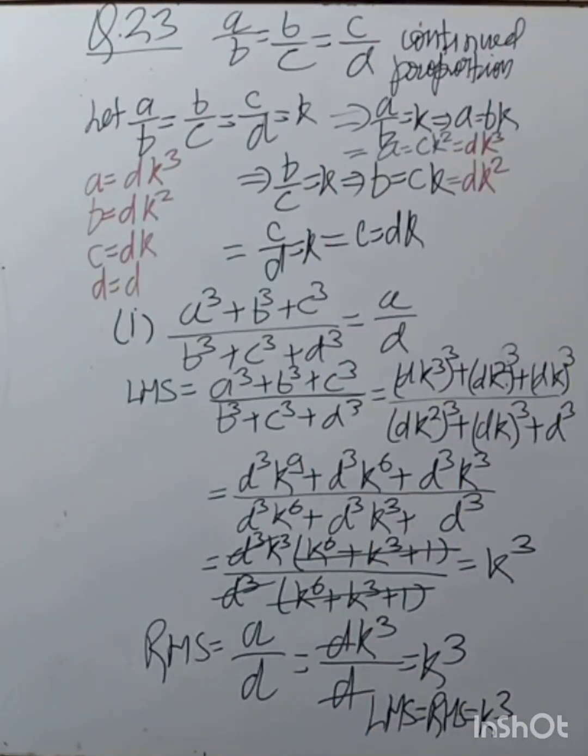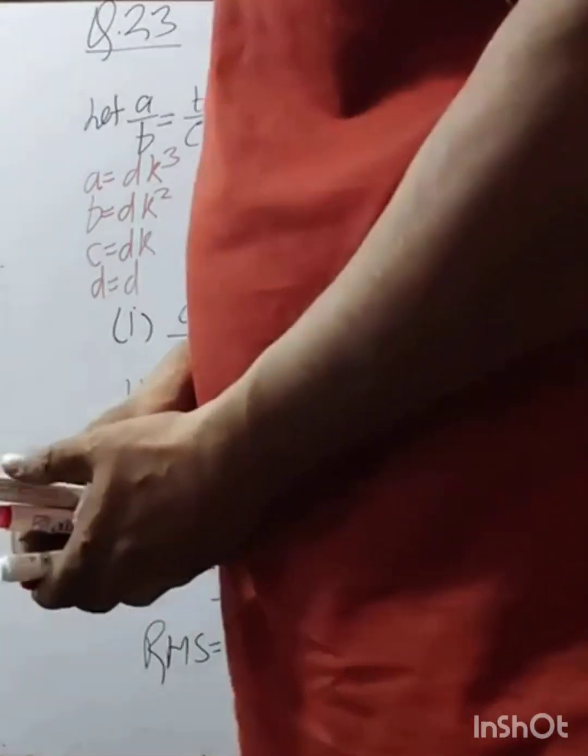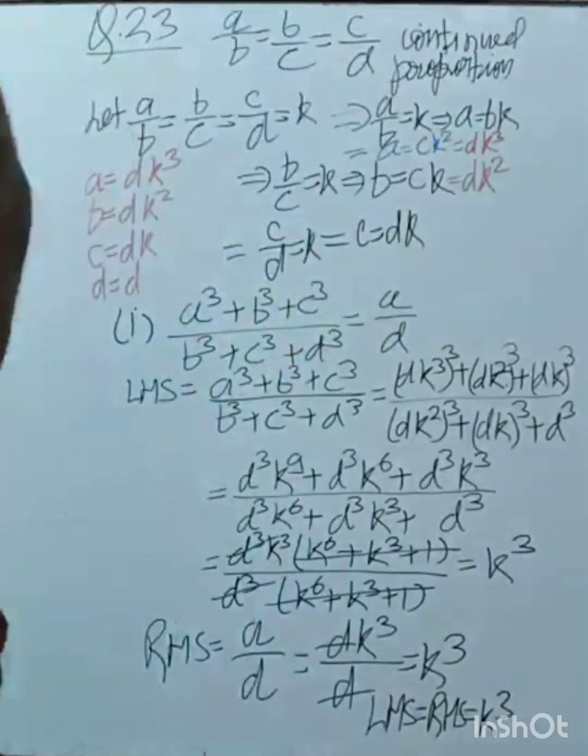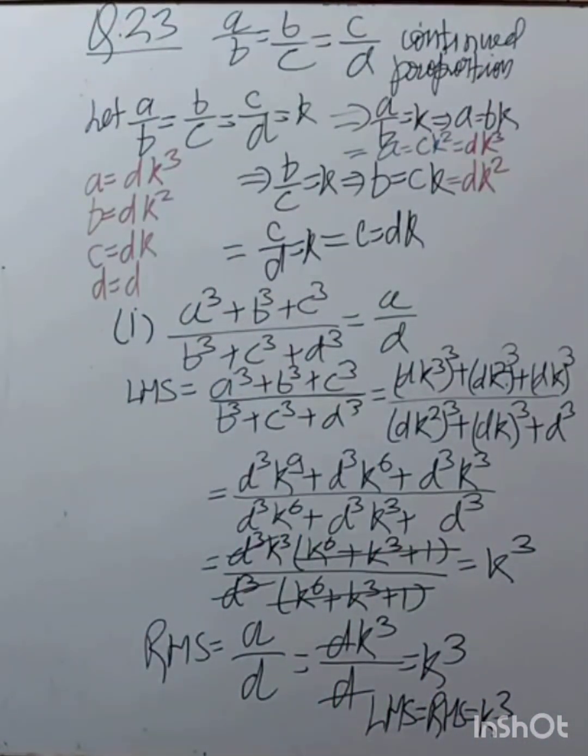This is within the frame. Okay. So next, what is your next question? A, B, C are in continued proportion. Section is there, no?